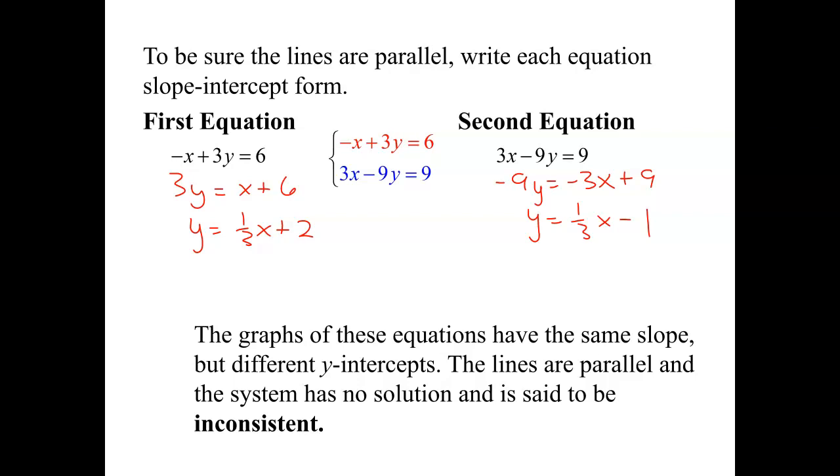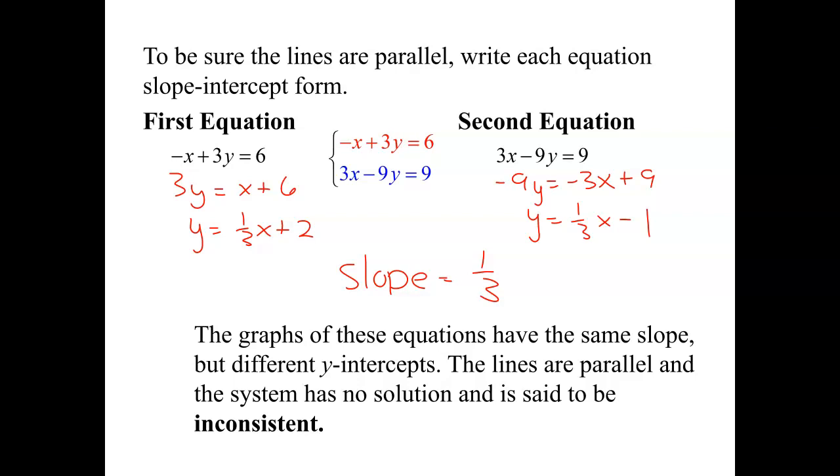If I write those equations in slope-intercept form, do they have the same slope? Yeah. What's their slope? 1/3. Since they have a slope of 1/3, they are indeed parallel.